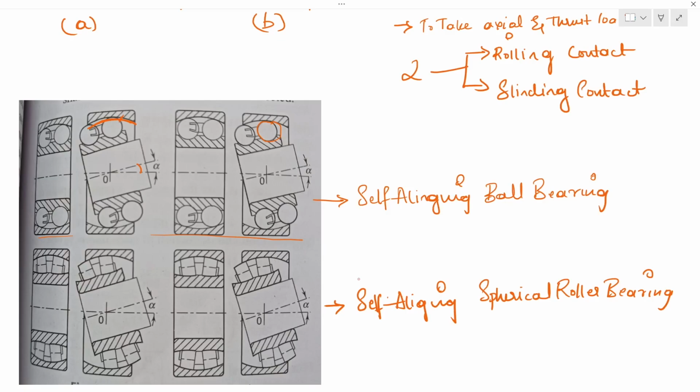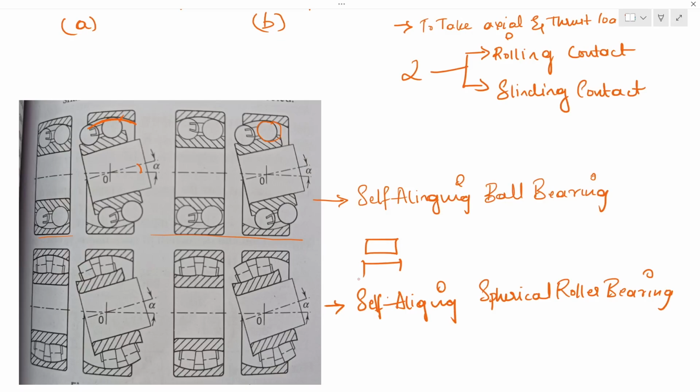The major reason they take up more load is because they use a roller. A ball has a point contact, but if you use a roller, it has a line contact.